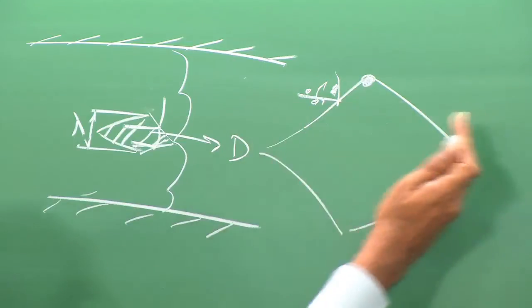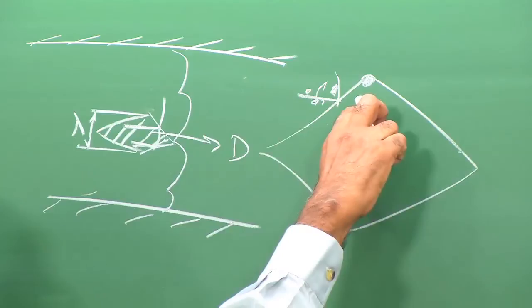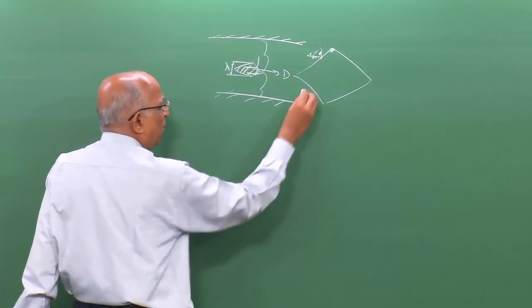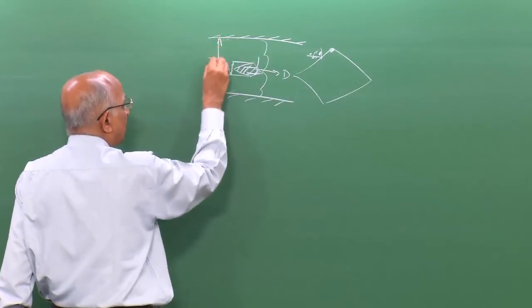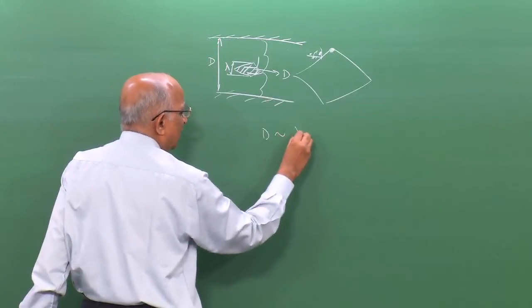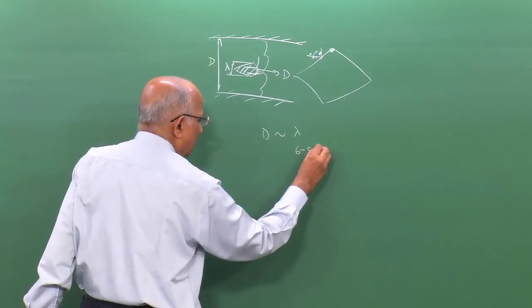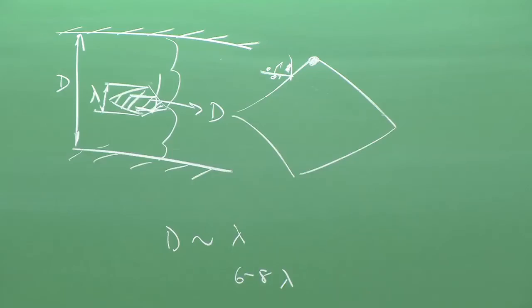That means if I have a number of cells within the pipe less than some critical threshold, a detonation cannot propagate. Therefore, if the diameter of the pipe is capital D, and D is of the order of the cell size, in practice something like 6 to 8 times the cell size, a detonation wave cannot propagate.